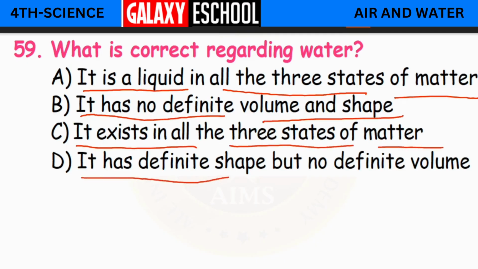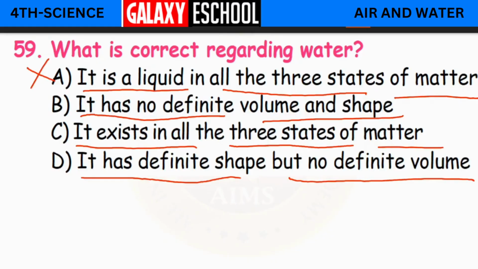Or it has definite shape but no definite volume. See children, we are talking about water here. So the first statement, what does it tell? It is a liquid in all 3 states of matter. Is it true? No, it is not liquid in all states.